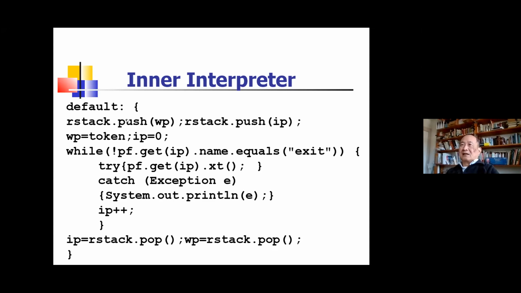And of course, WP and IP are pushed down to the return stack before you process a list. And after you are done with that list, you restore WP and IP from the return stack.